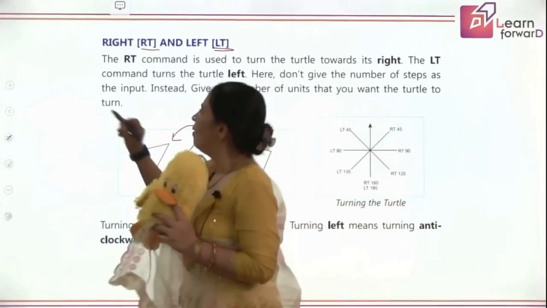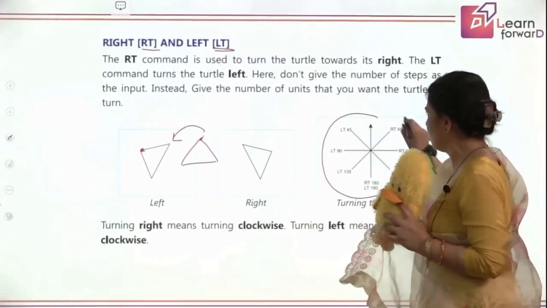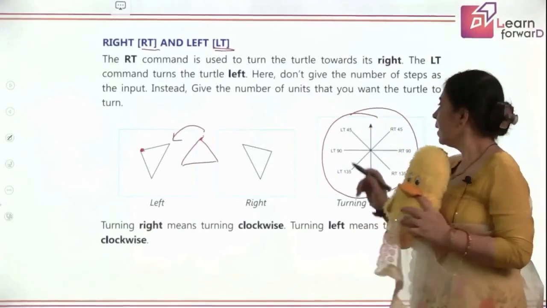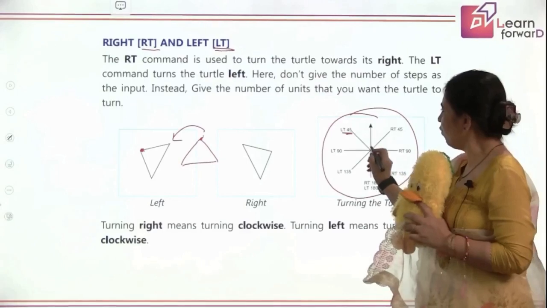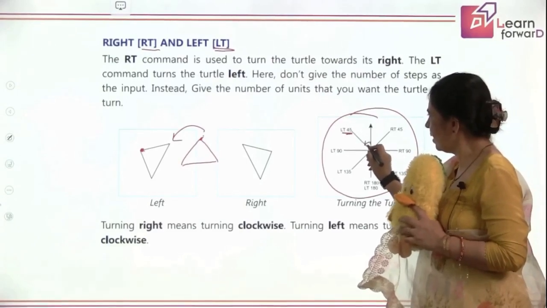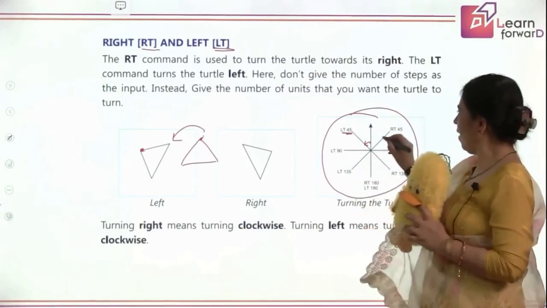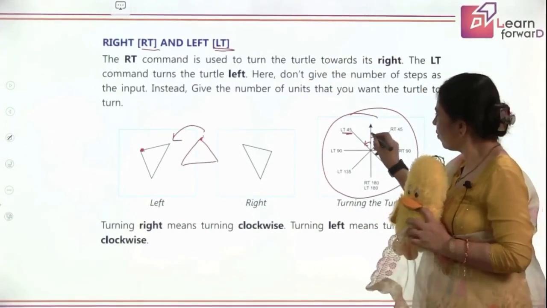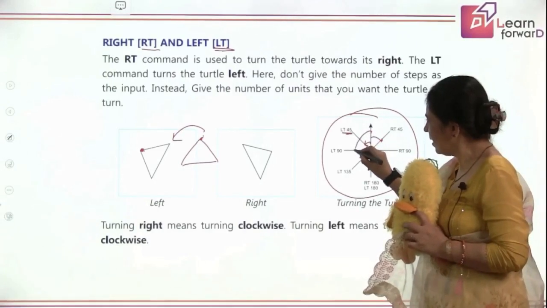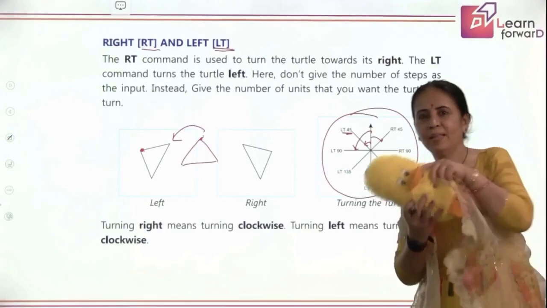Now, I'll tell you how much angle has to be taken. Look here, it is LT45. If you write LT45, it's going to take a turn of 45 degrees towards left. And if you give RT45, it will turn like this. In the same way, if you write LT90, it will turn 90 degrees on the left, like this.